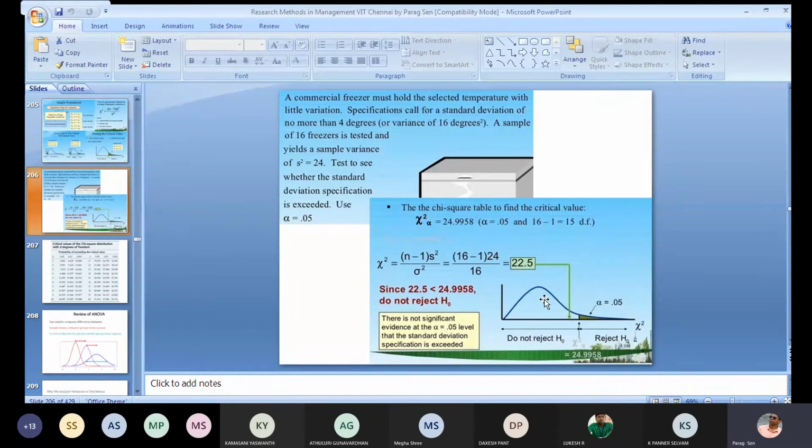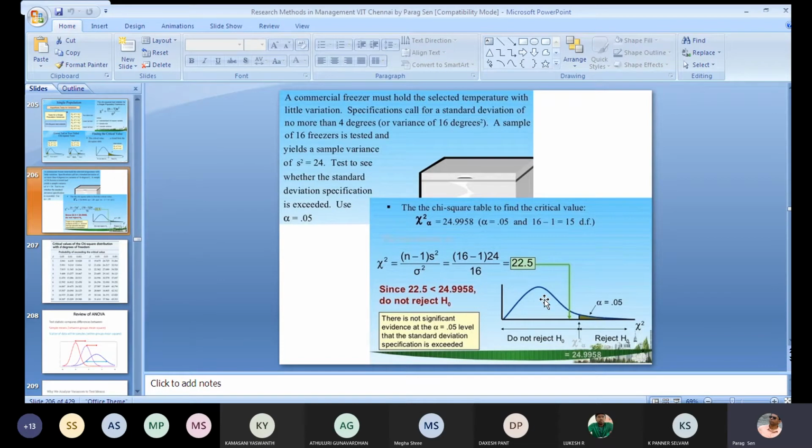But in this case you can see that your objective is actually not to accept the alternative hypothesis, or in other words, your intention is not to reject the null hypothesis. Why not?